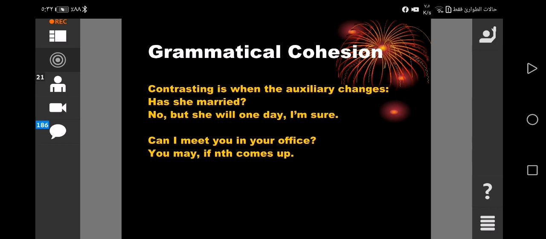You may meet me in my office if nothing comes up. So what is ellipted? Meet me in my office. This is omitted. And notice that the auxiliary has changed, can to may. So this is an example of auxiliary contrasting.